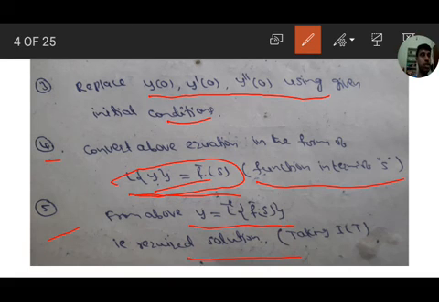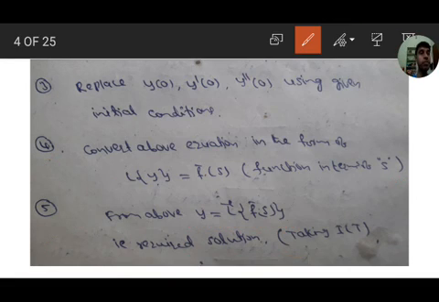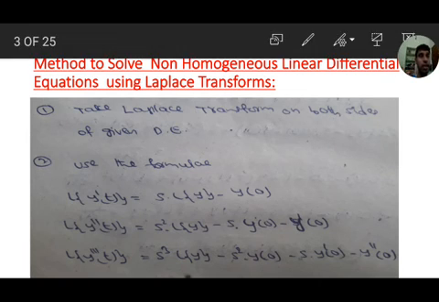Okay, total 5 steps. First step, take the Laplace transform on both sides of the given differential equation. Next, use the Laplace formulas: L of y dash of t, L of y double dash of t. Third step, replace y of 0, y dash of 0, y double dash of 0 by using initial conditions.